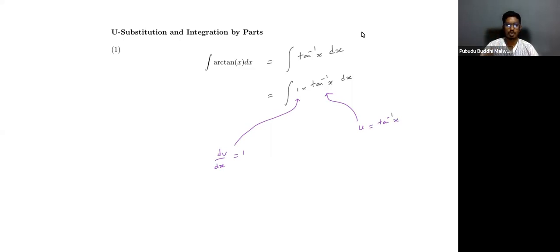That's why I chose tan inverse x as my u function, because then we can differentiate that one. The derivative is 1 over 1 plus x squared. Then the integration of 1 equals x.